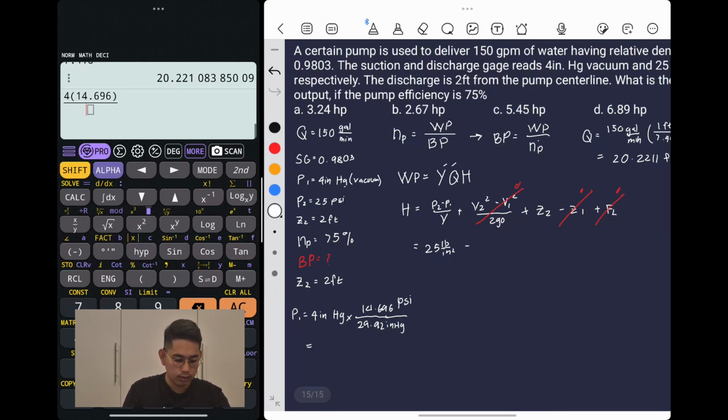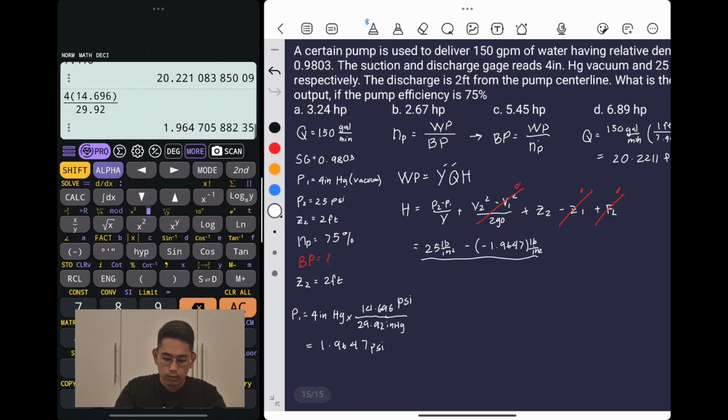Calculate natin for 14.696 over 29.92. Ang lalabas ay 1.9647 PSI. Dahil makita nyo vacuum, so kapag vacuum, take note lang, magiging negative siya. Kaya negative 1.9647 pounds per square inches.